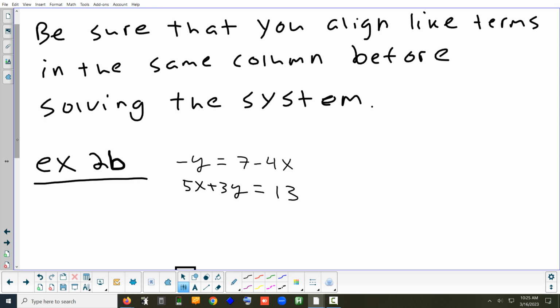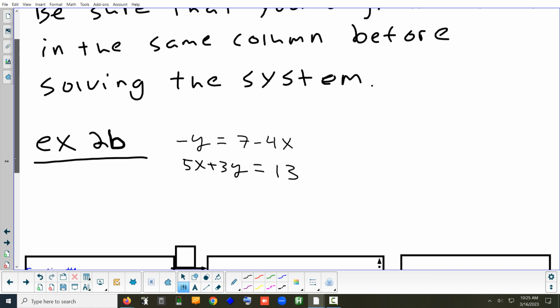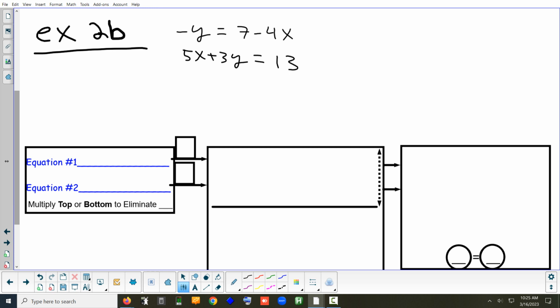Sorry, the X is on the wrong side. Right, X is on the wrong side. You always want X's, Y's, and numbers. Is there an equation there that's already set up like that? X's, Y's, and then numbers. What is that? The bottom one. So you can go ahead and write that one down. That one's fine.